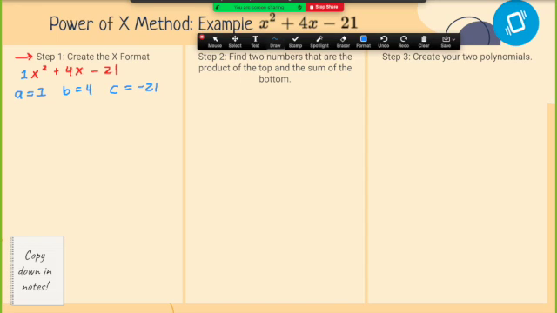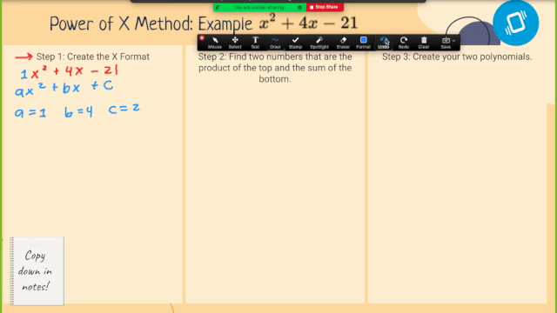And if you have an issue with finding out what your A, B, and C are, you can always just write down the formula underneath. And that will guide you on finding out what your A is. Our A here is 1. Our B here is 4. And our C is negative 21. Make sure that we have negative 21.